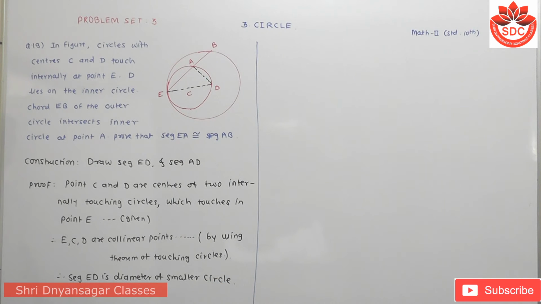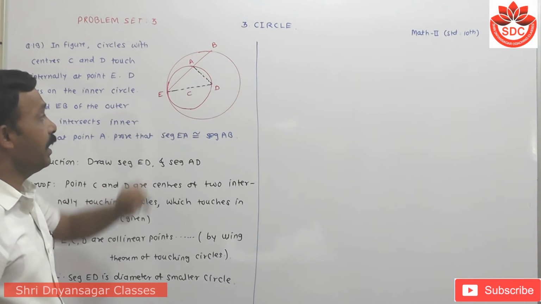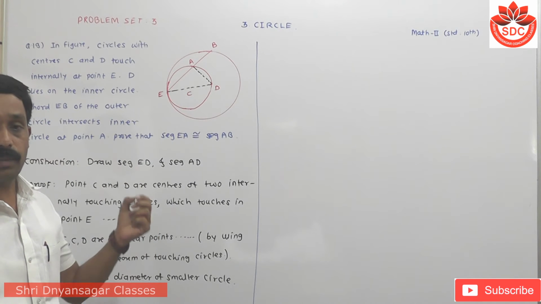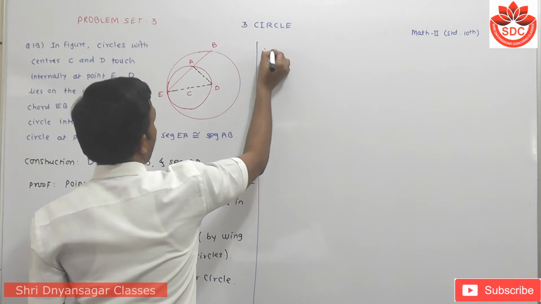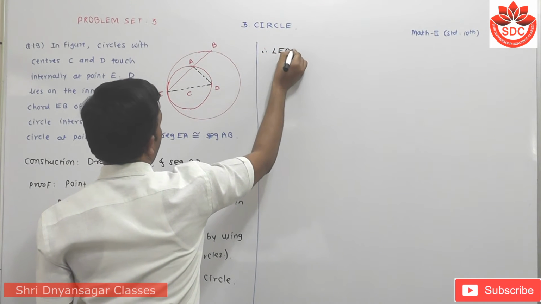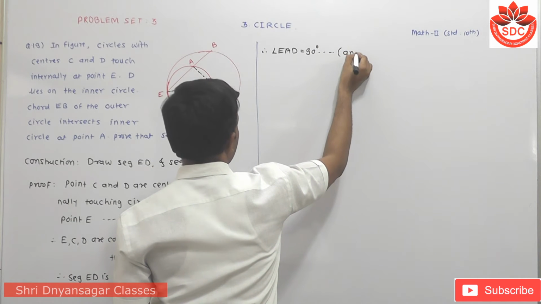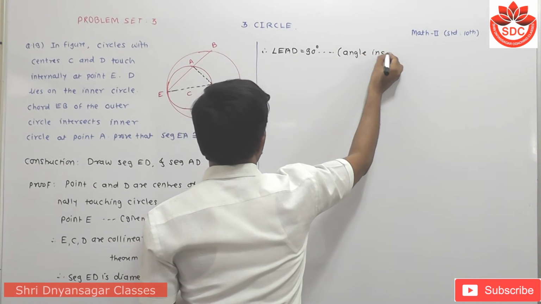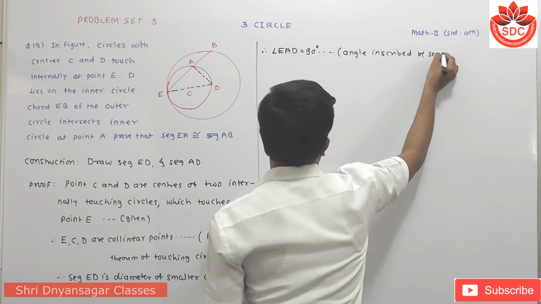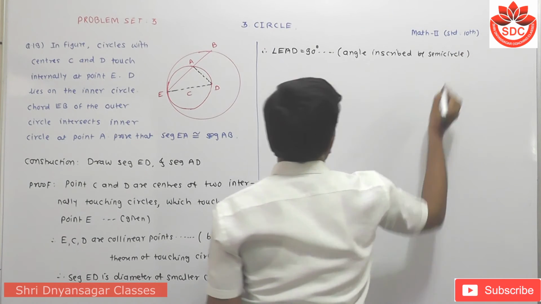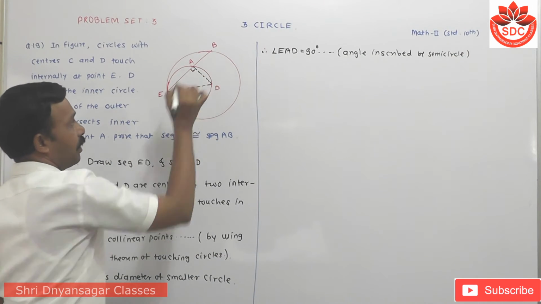If it is the diameter, then angle EAD is 90 degrees because the angle inscribed in a semicircle is a right angle.